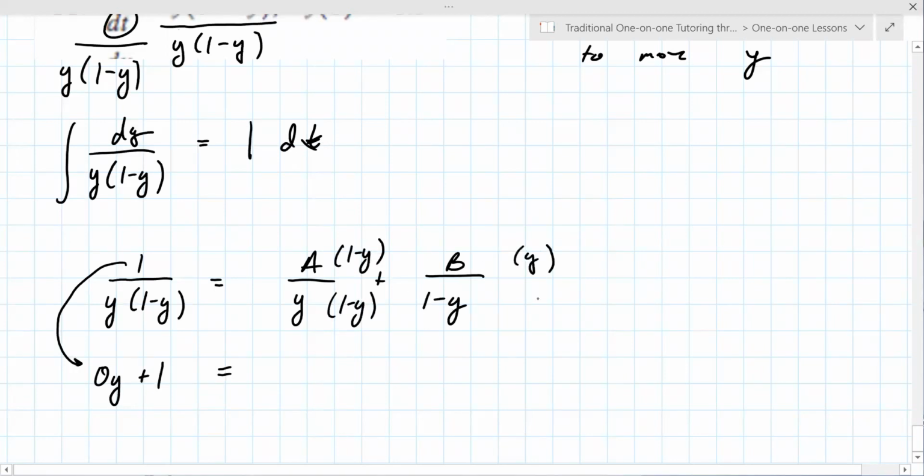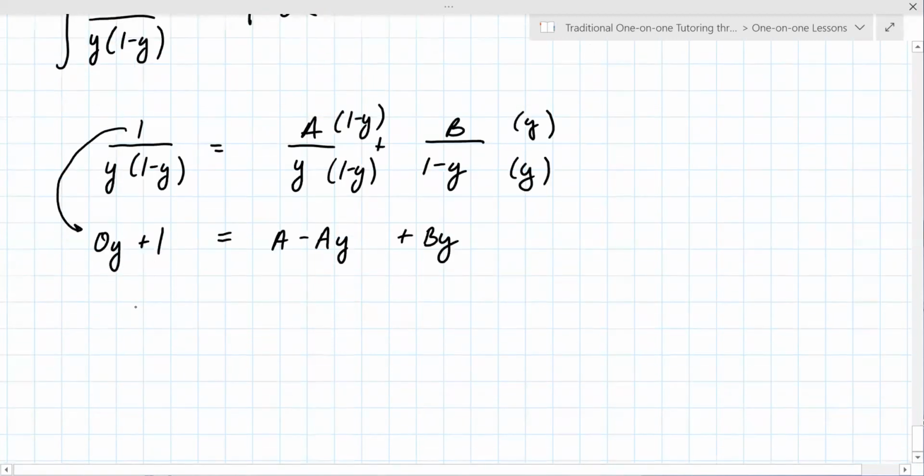So this is going to be times y times y. You just care about the numerator. So it's a minus ay plus by. So we have 0 equals minus a plus b, and 1 equals a. Hey, look at that. That's nice. So the a is solved for. So b equals a, which equals 1.